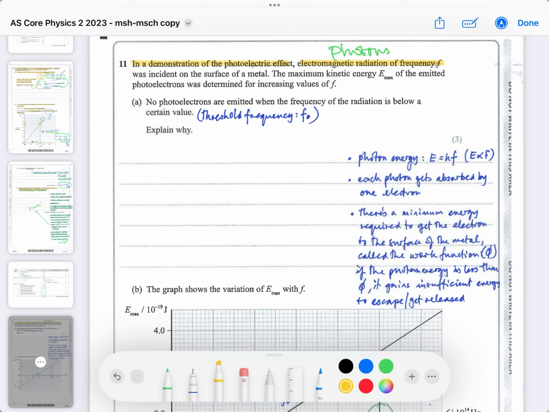So electromagnetic radiation of frequency F, or photons of frequency F, are incident on the surface of a metal, and if they have sufficient energy, then electrons are released.